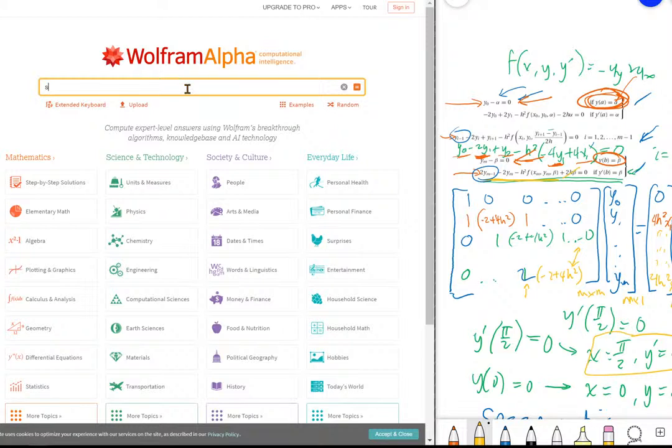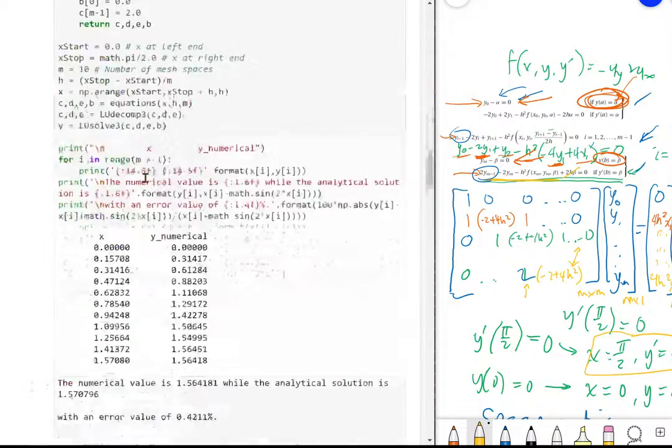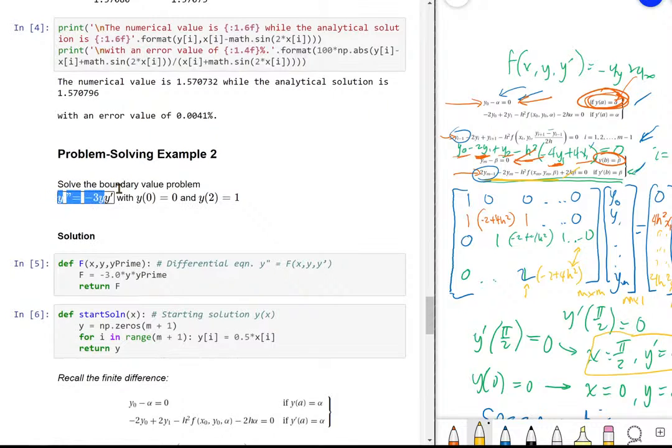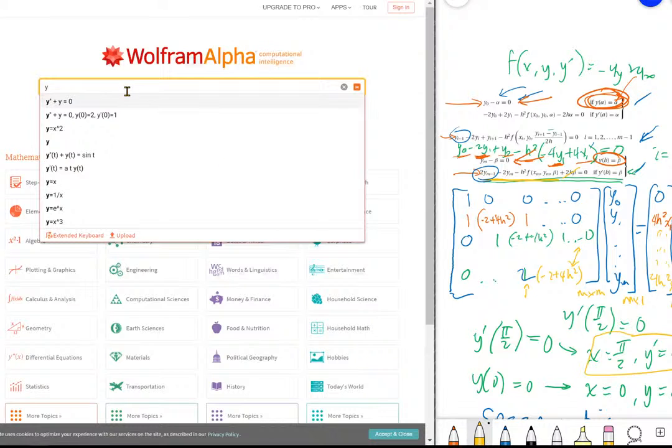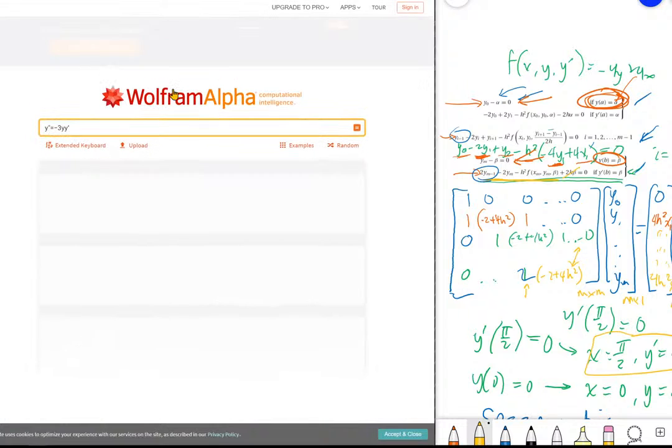We can actually try to solve this problem using some of the computers. Actually, they're using numerical methods, so let's see if they can solve this problem.